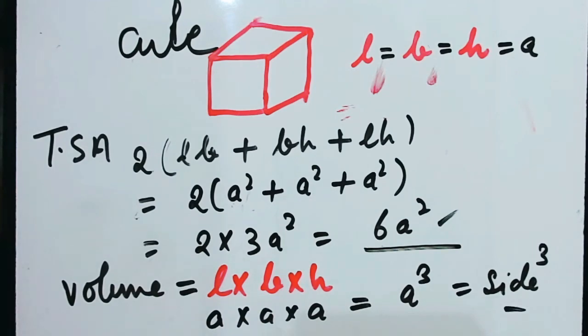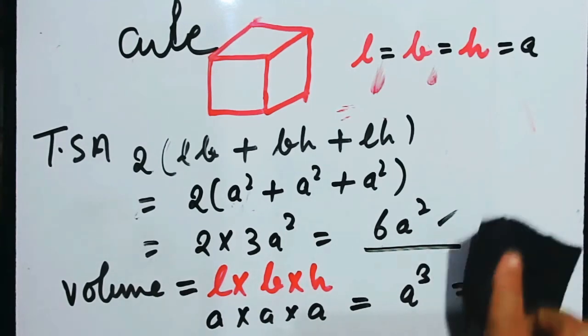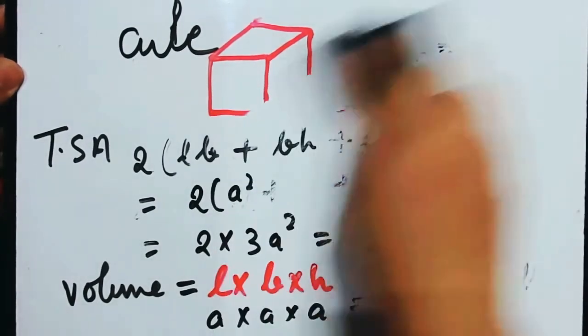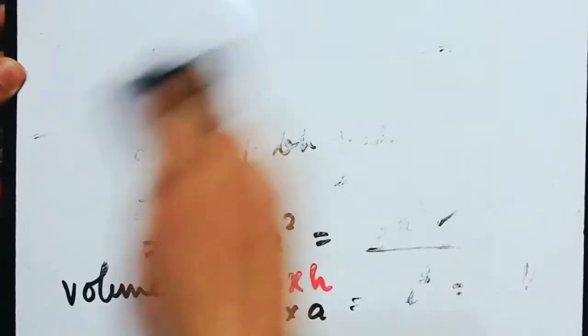Clear? Now since we know the surface area and volume of a cube and cuboid, a few sums are there which will really enhance your knowledge about it.